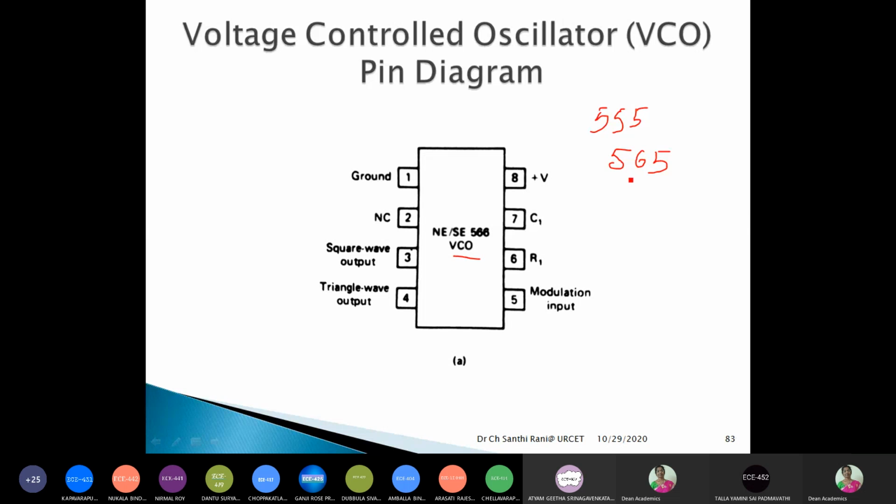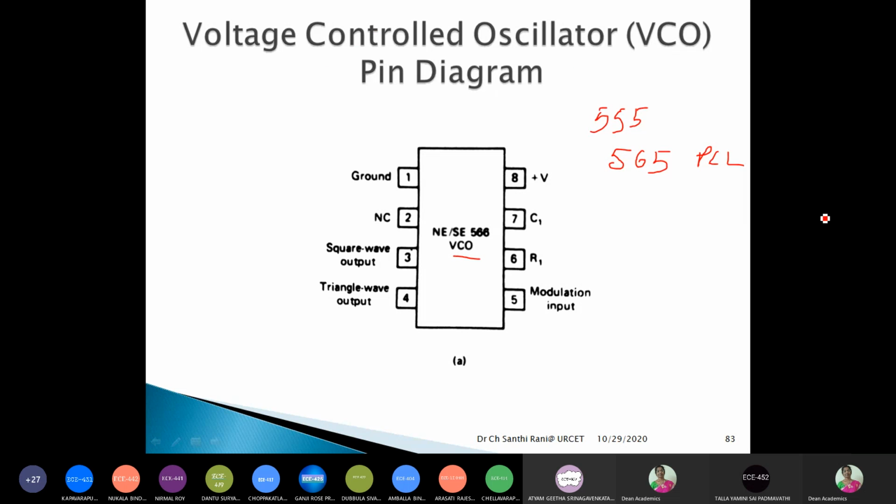The 565 PLL IC, or otherwise PLL, consists of mainly three blocks. First is the phase detector or phase comparator. Second is the low pass filter, and the third block is the voltage control oscillator. What is the function of this voltage control oscillator?